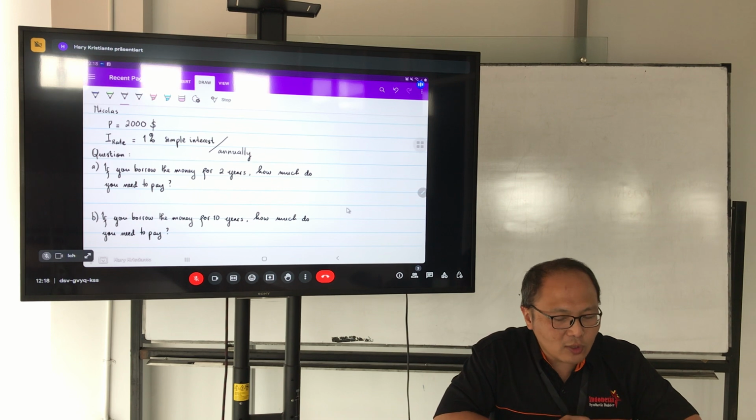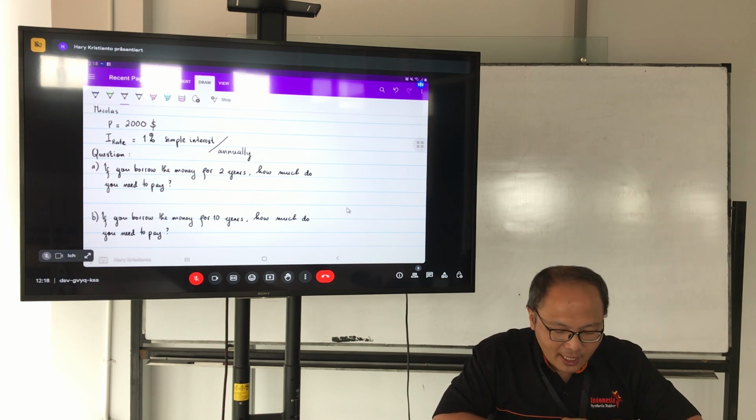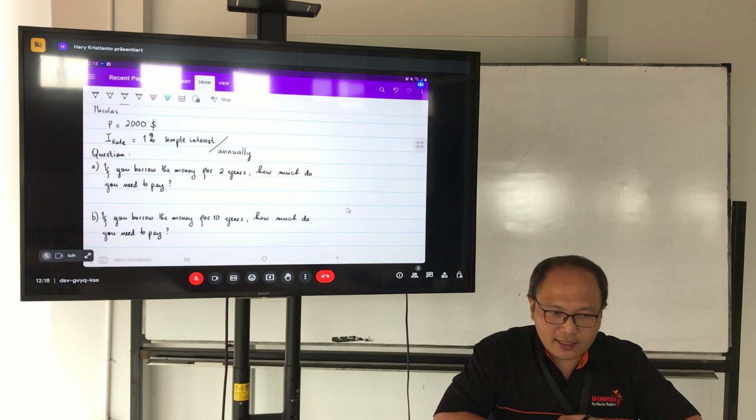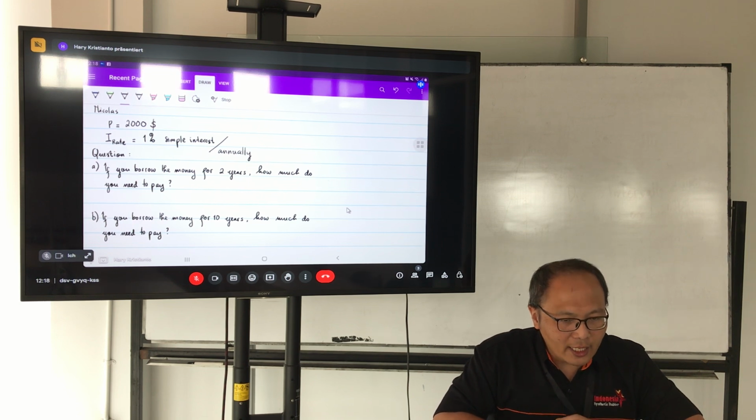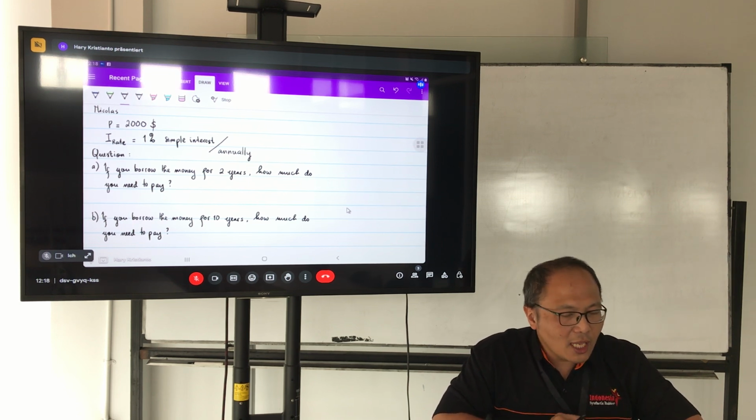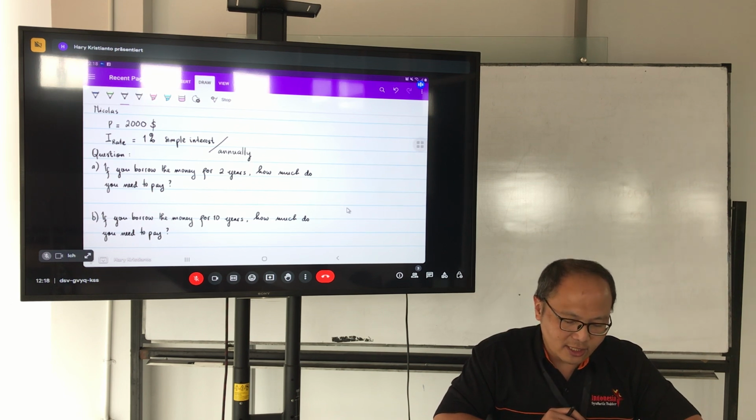Interest in Bahasa is called bunga. Have you heard about that? Yes. Now try 1 minute. Just guess it. How do you calculate the total whole money you need to pay after 2 years? And how much after 10 years?